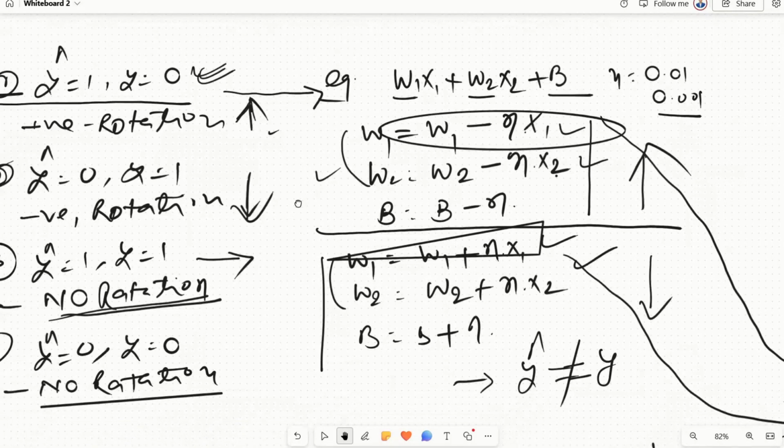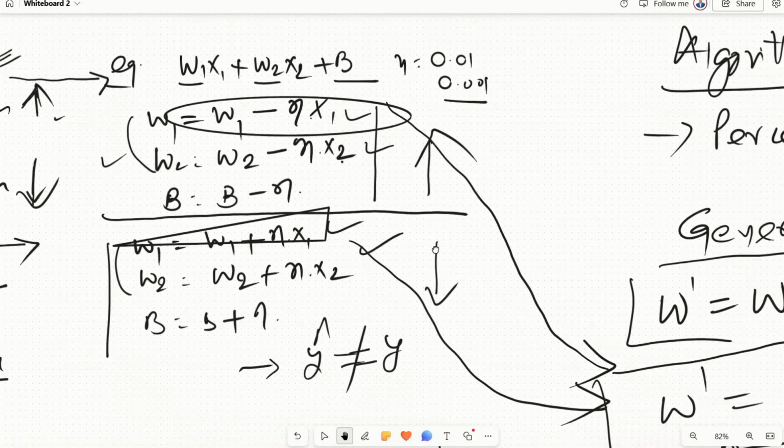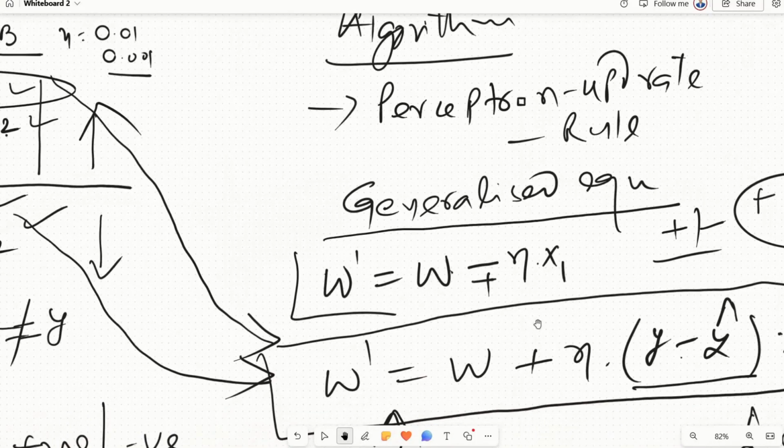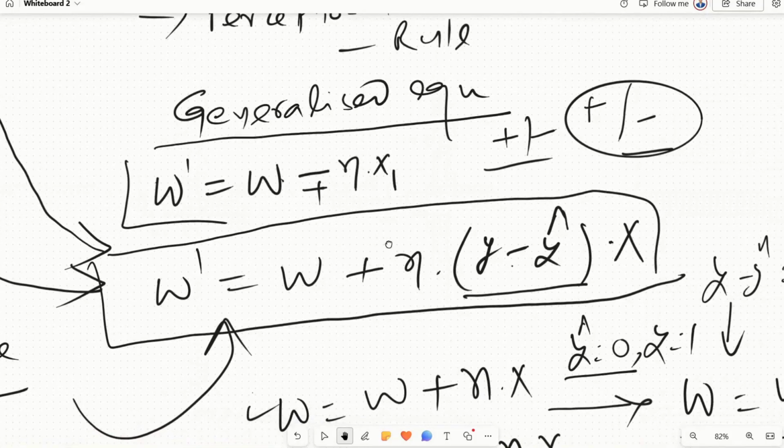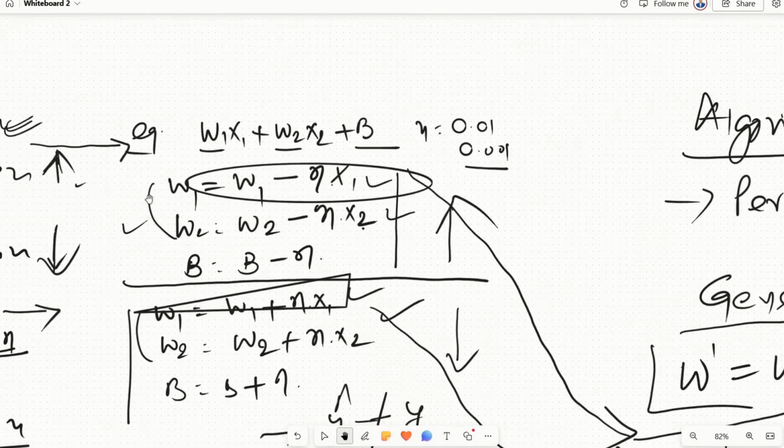In case of upward direction, we put negative. In case of negative direction, we put positive. So you can see that the only difference is the sign. Whenever we update our weight, it can be either plus or minus, depending upon the case, either the first case or the second case.